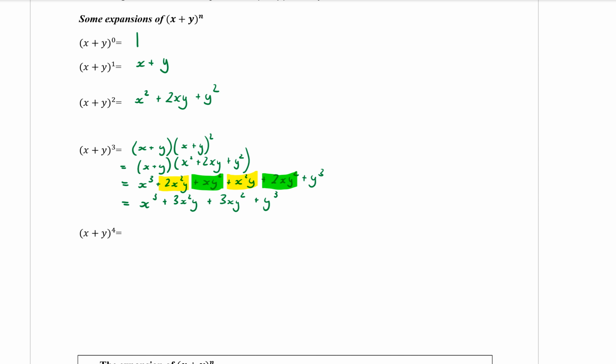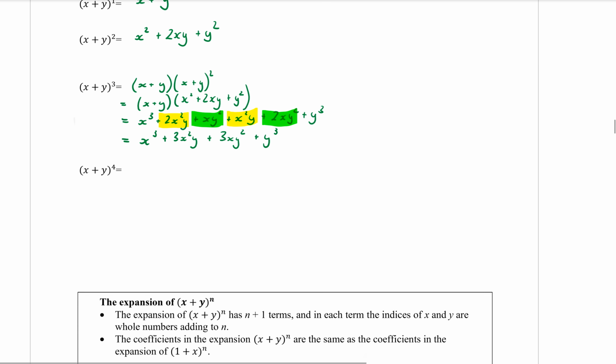So using that pattern, I could expand out x plus y to the power of 4. Now I would need to use the fifth row of Pascal's triangle for the coefficients. The first coefficient in that row is the number 1. The x is in the first position, so it's going to start out by being x to the power of 4.